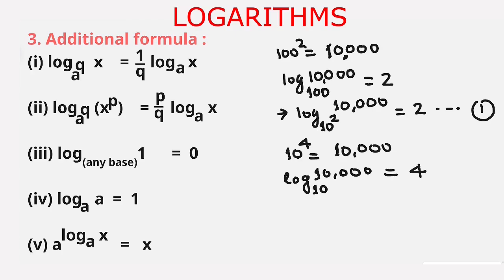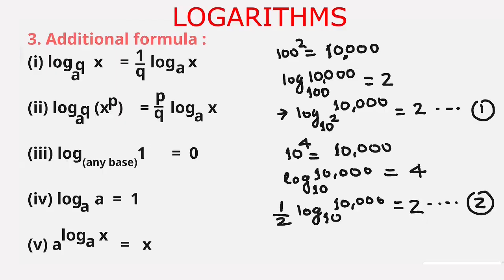Now we divide both sides by 2, then we get 1 upon 2 log 10,000 base 10 equal to 4 divided by 2 is 2, and I give this as equation number 2. Now from equation number 1 and equation number 2, as the right hand side is 2, therefore the left hand side must be equal. And what is left hand side?